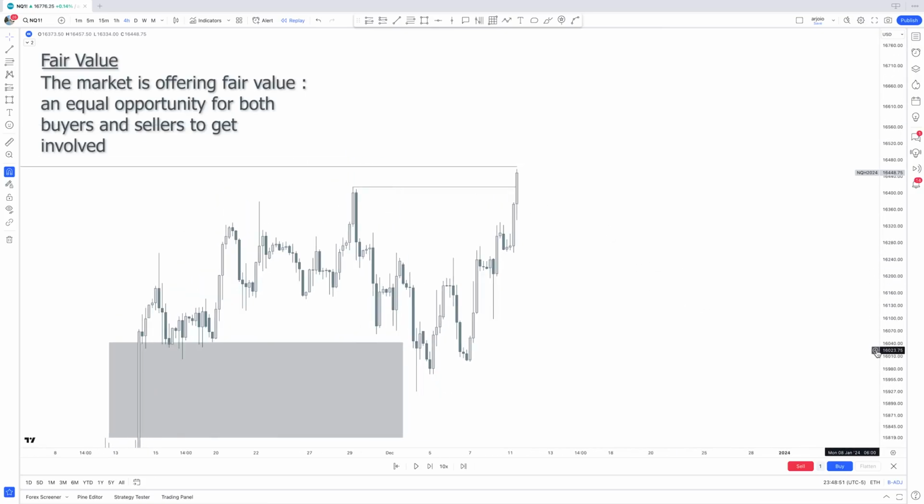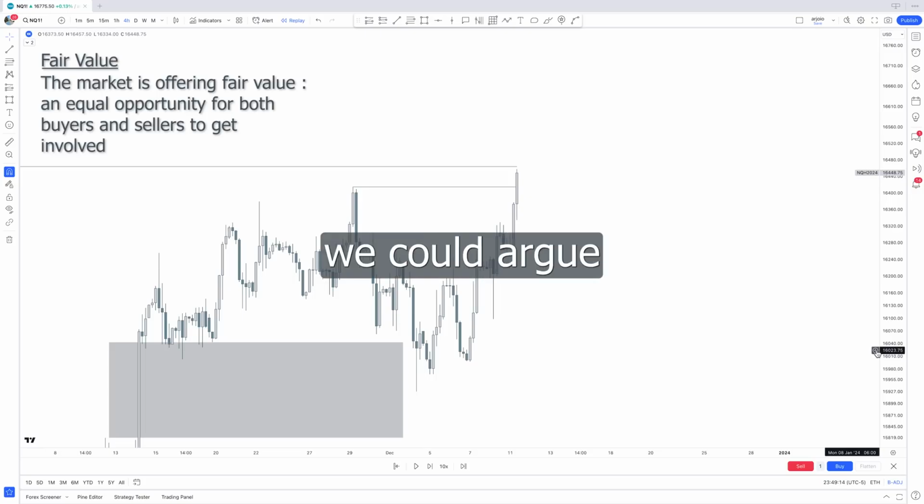It's only buyers in the market, which is why it's called a fair value gap in the first place, because there's a lack of fair value there. So we need some sellers inside that bullish fair value gap to actually offer the fair value to then continue higher. So with that logic, we could argue that every fair value gap should be traded back into, right?